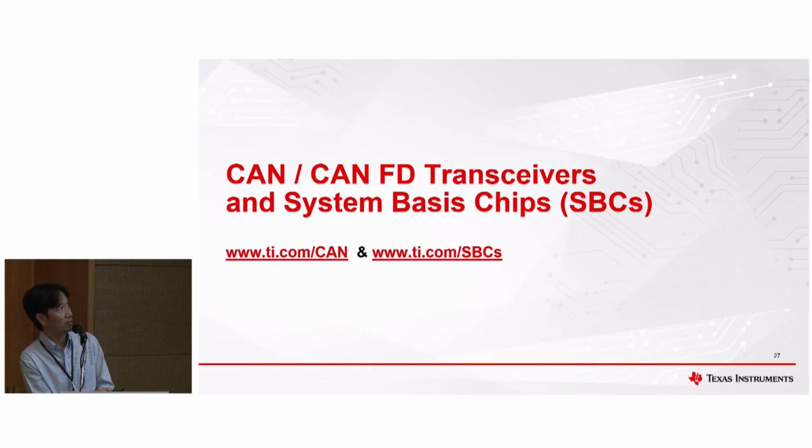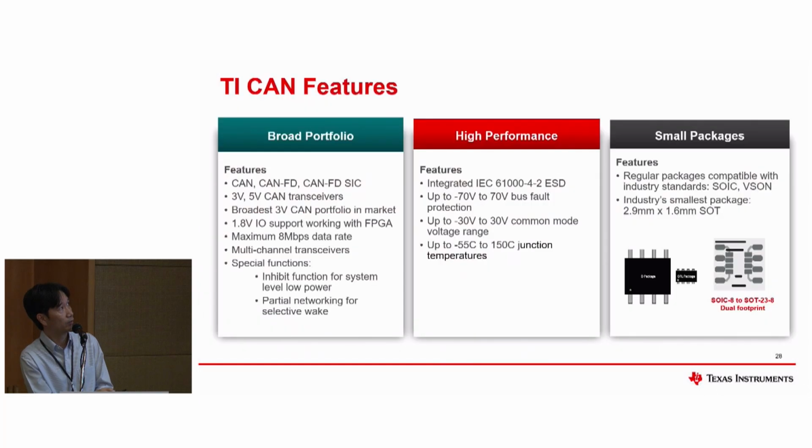The last one is the CAN and CAN-FD transceivers, system basis chips and SBC. For CAN, we classify into 3 groups. The features are a broad portfolio, high performance devices, and small packages. For the portfolio, we have CAN, CAN-FD, or CAN-FD and SIC devices. In terms of supply voltage, we have 3 volts devices or 5 volts devices.